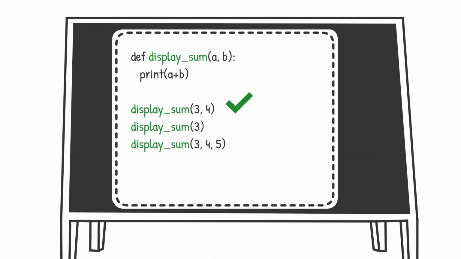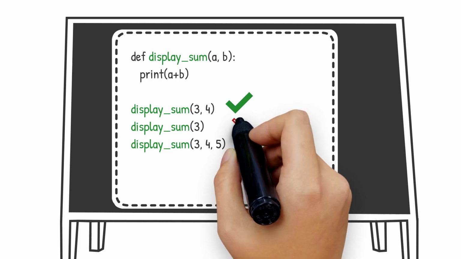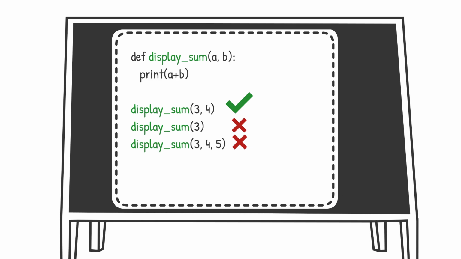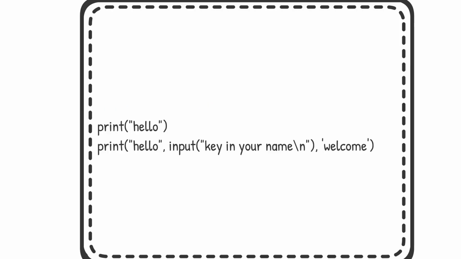So, the function that is defined here needs two arguments for it to work, nothing more or nothing less. Any invocation of this function without enough or more arguments will give you an error. But we have been using the print statement by sending in a variable number of arguments. So, how is that possible?